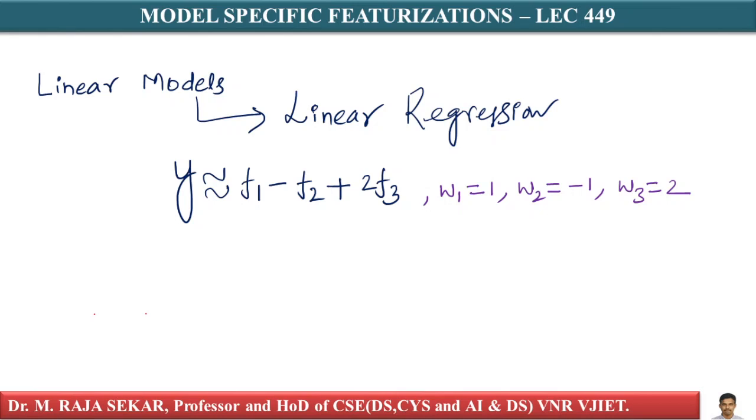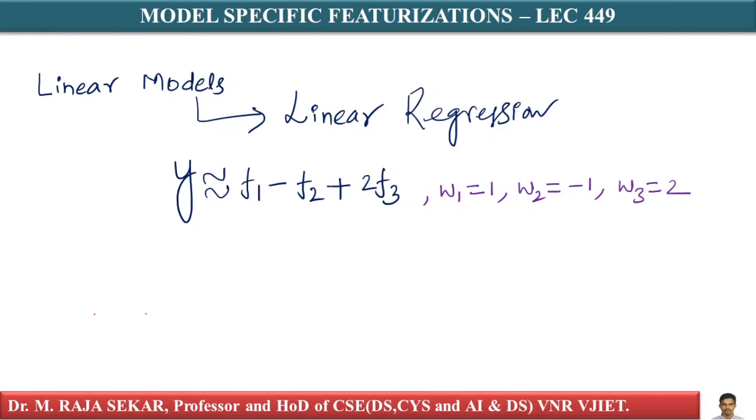If you set these values, this is what you will get: y equal to F1 minus F2 plus 2F3. Again, this comes from domain knowledge and it is very, very problem specific. If you know from domain knowledge that y can be predicted using a linear combination of the Fi's, then it will make sense to use linear models.